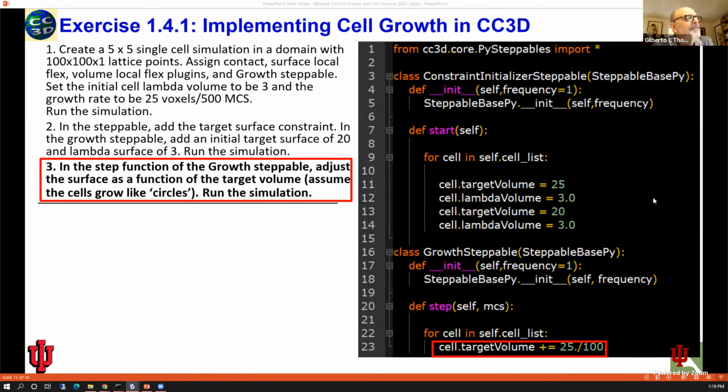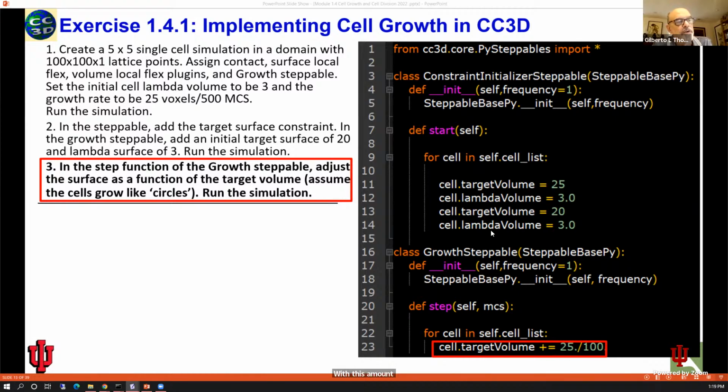Okay, so you have to add a line here in the bottom part of the screen, the right image, to allow that the target surface of the cell changes accordingly with the target volume of the cell, because the target volume of the cell is increasing with this amount per Monte Carlo step.